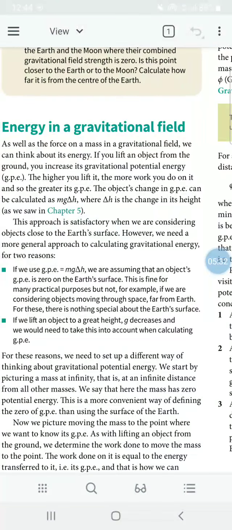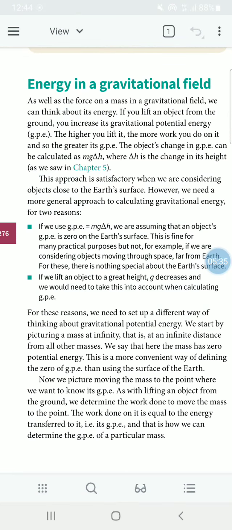Write down a note on this. Energy in a gravitational field. The energy contained by an object of mass due to gravitation is referred to as gravitational potential energy.